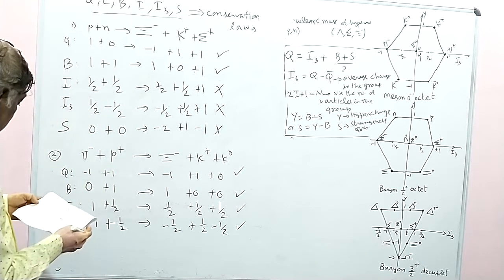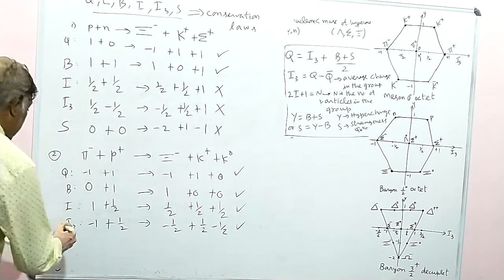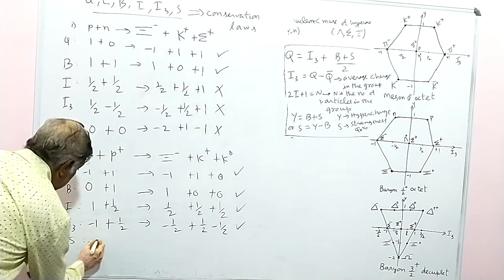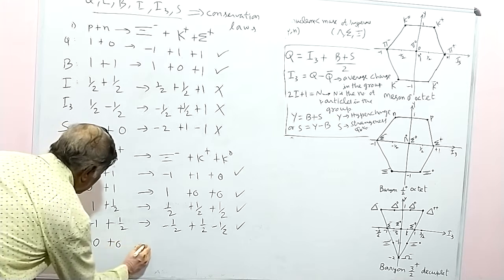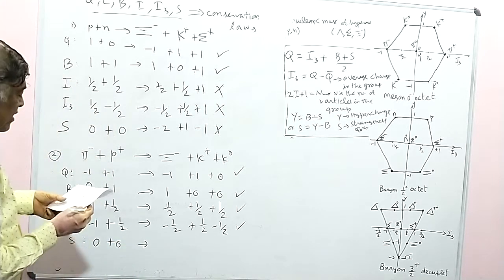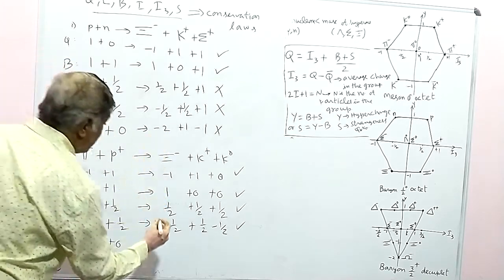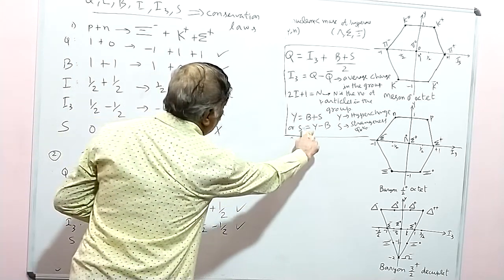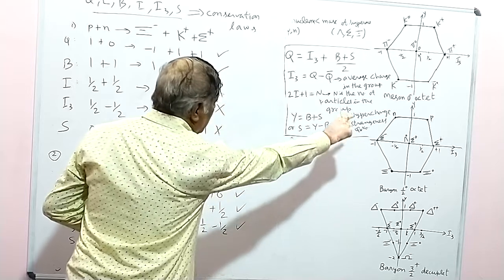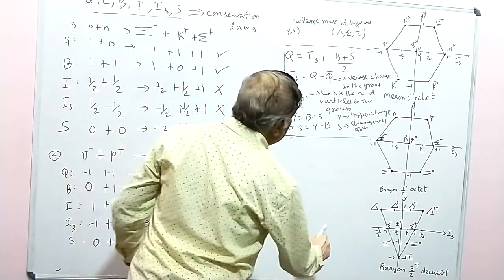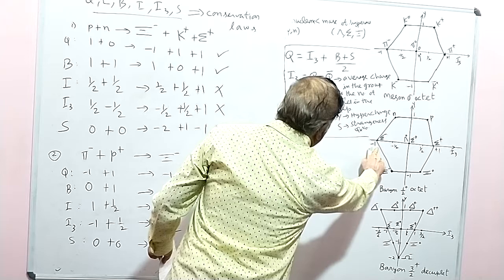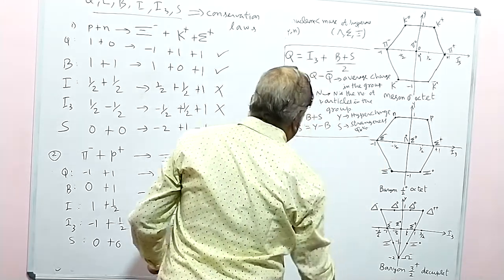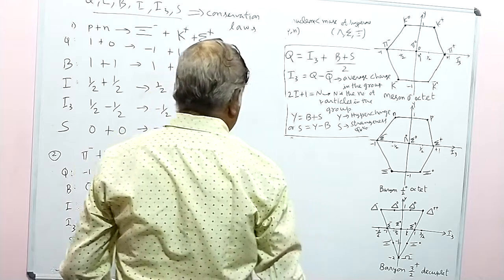And the S number, strangeness. They are not strange particles, so this is 0, 0, while psi minus is a strange particle, and the strangeness number is minus 2. So that can be determined: S is equal to Y minus B. Y can be determined from the hypercharge.